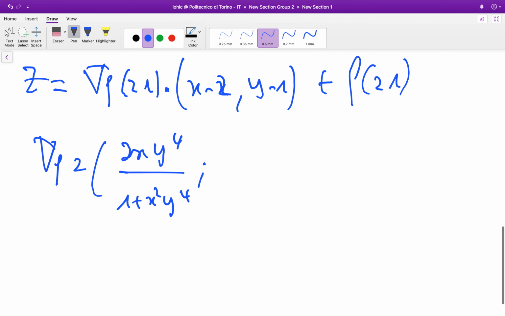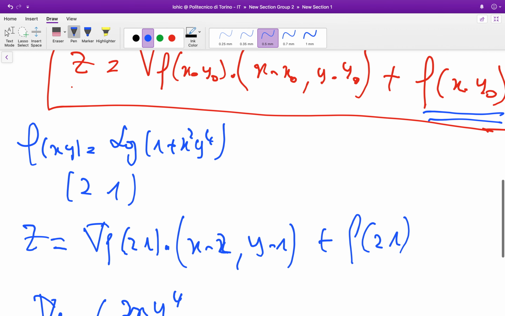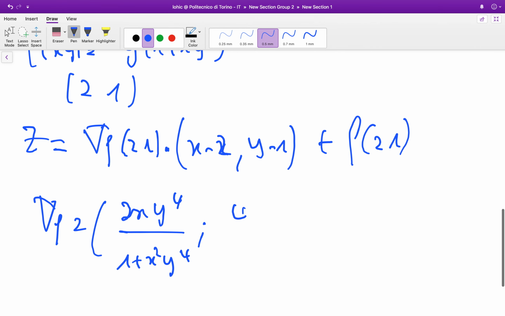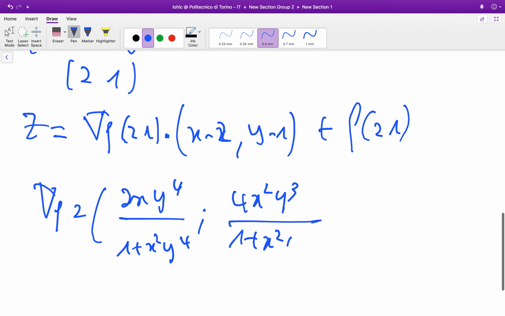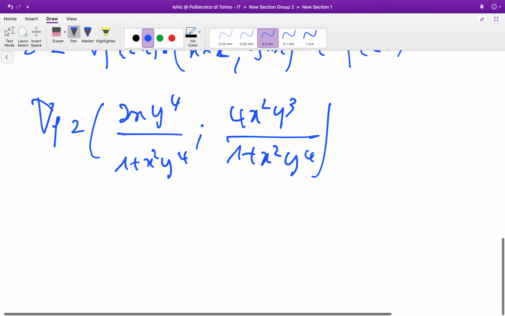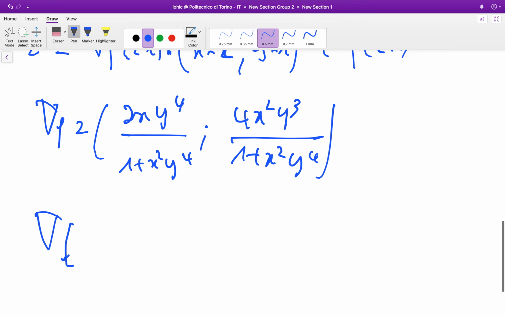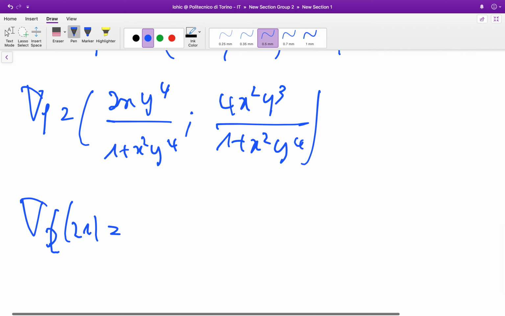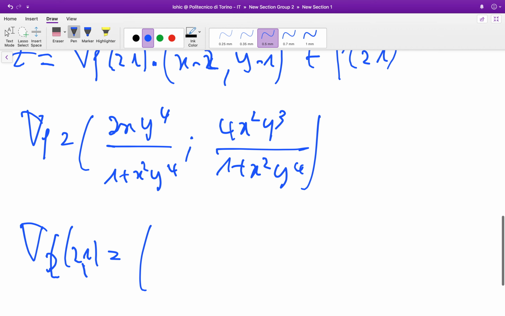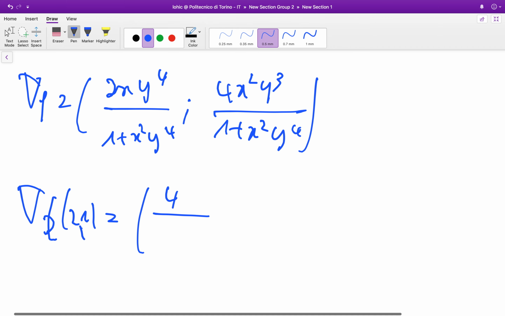The derivative with respect to y is 4x squared y cubed divided by 1 plus x squared y to the power 4. The gradient at 2, 1, if I put in 2 and 1, will be 4 over 5 and 16 over 5.